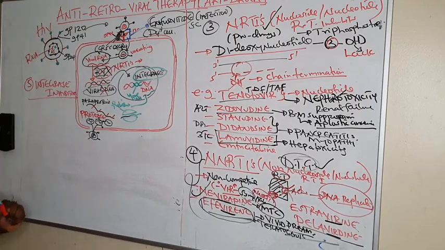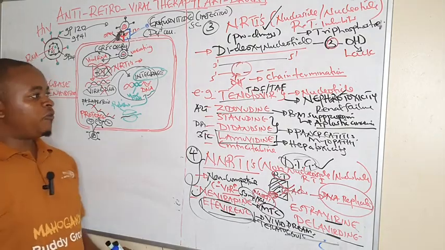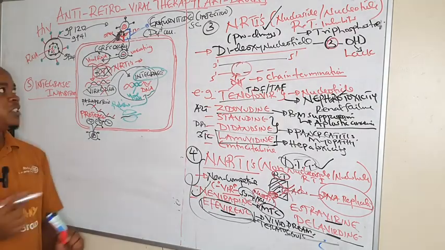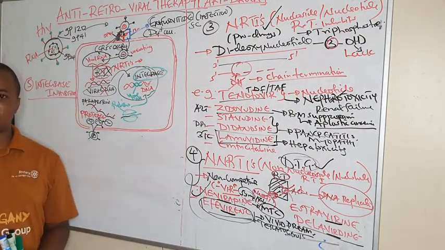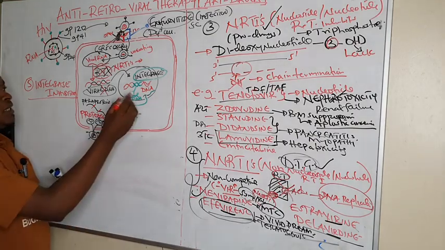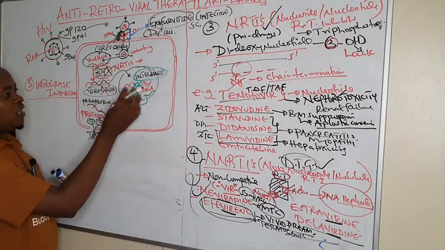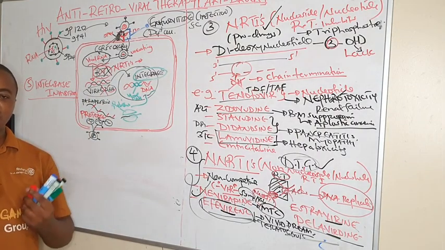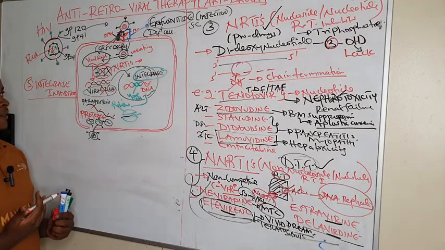These integrase inhibitors target the integrase enzyme. We remember the HIV virus comes with its own integrase, which incorporates the viral DNA into the host DNA so that the host can become the machinery for replication of the virus.